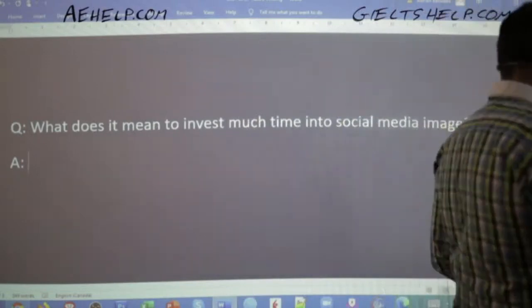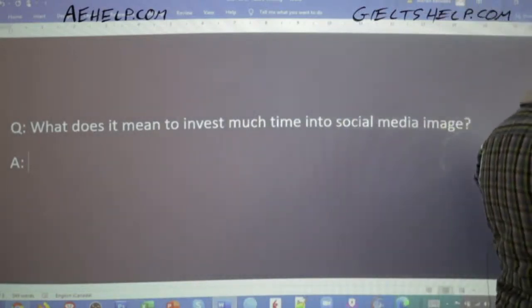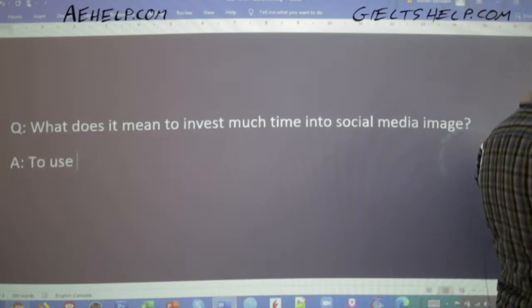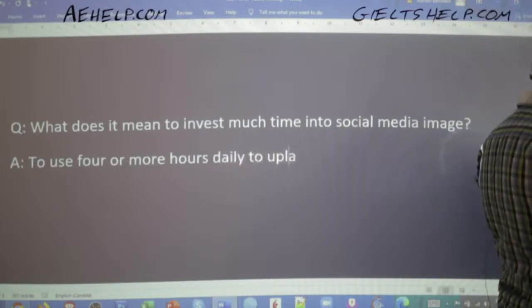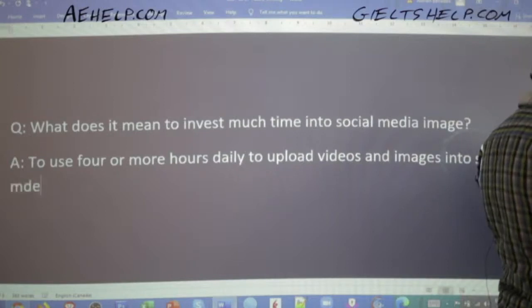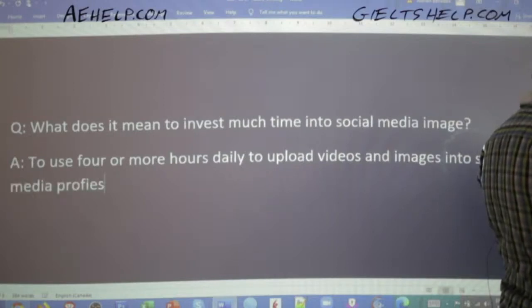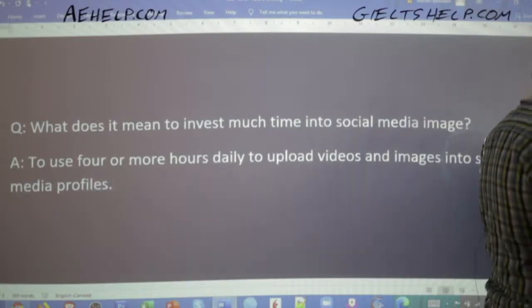So what does it mean to invest much time into social media image? To use 4 or more hours daily to upload videos and images into social media profiles. Okay.